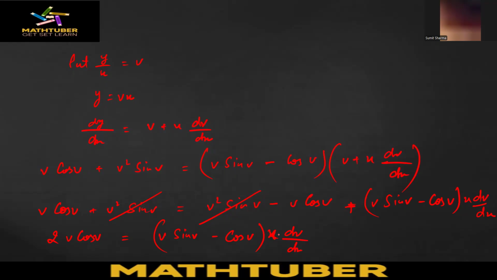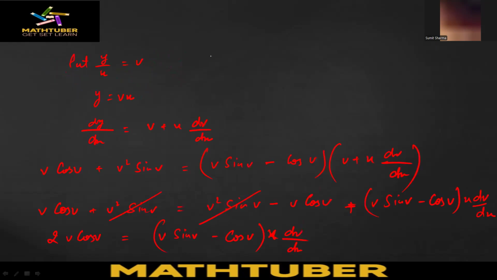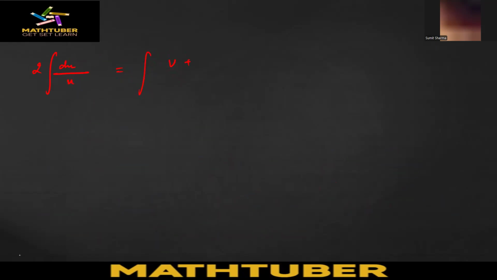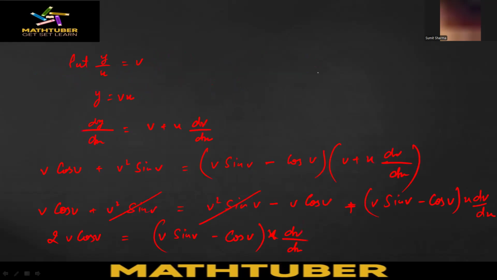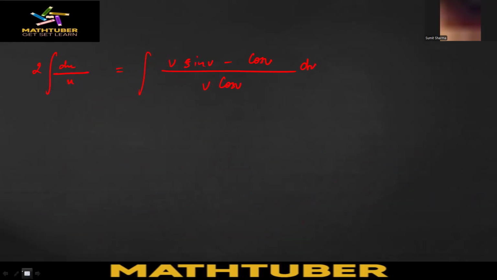So here you will get 2 into dx upon x is equal to (v plus v sin v minus cos v) divided by v cos v dv. So we have now separated all the variables here.